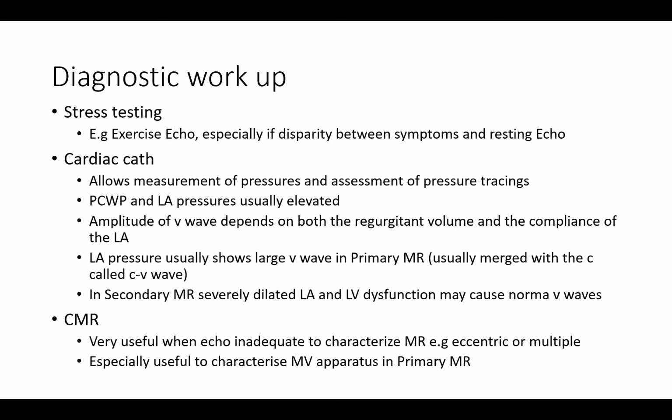So still, after we've fully characterized the regurgitation and tried to grade its severity with 2D echo plus or minus the other echo modalities that we mentioned, we could do stress testing, especially exercise echo, especially if there's disparity between symptoms and the findings of the resting echo.